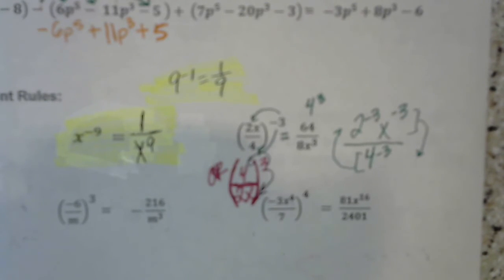Like I said, these have problems on here for you to do. This is a review of the rules. But I also posted for you some extra practice problems just to help you review exponent rules where the exponents are whole numbers and not fractions.